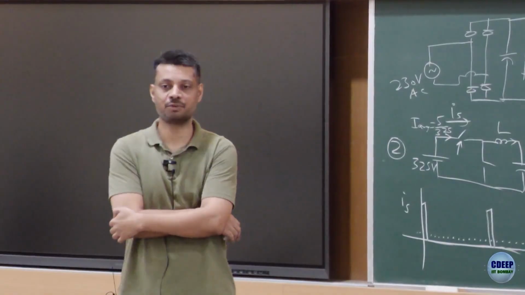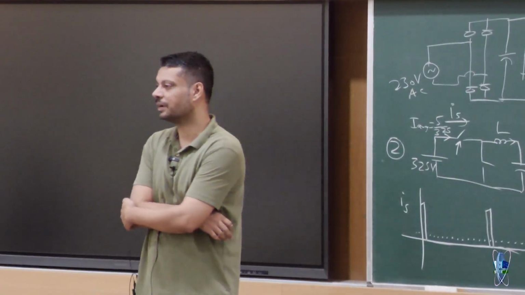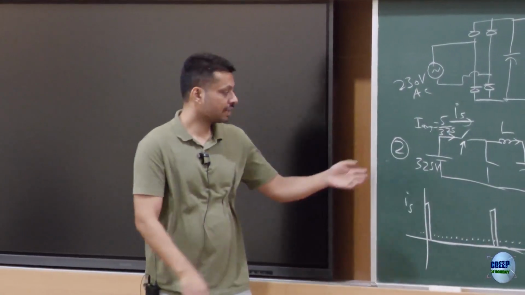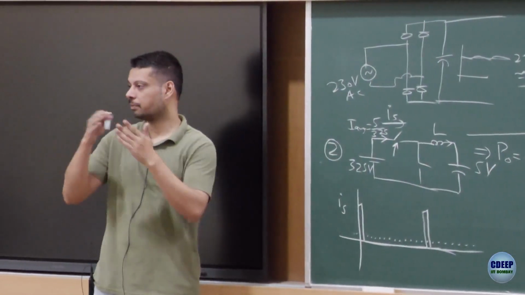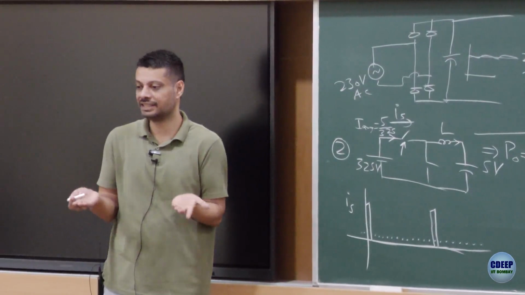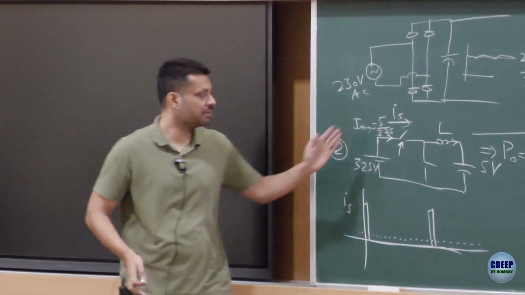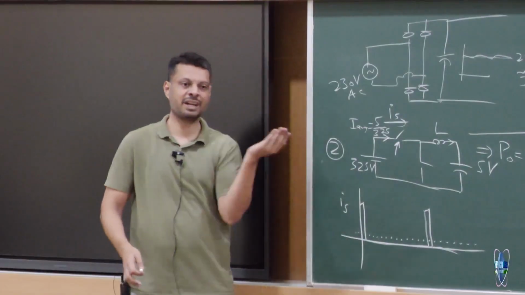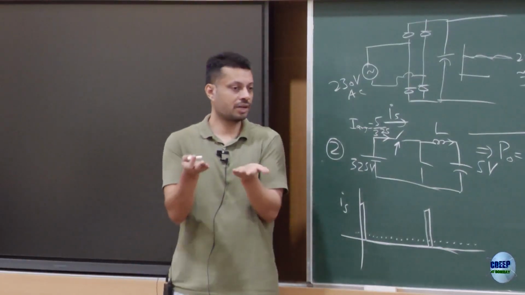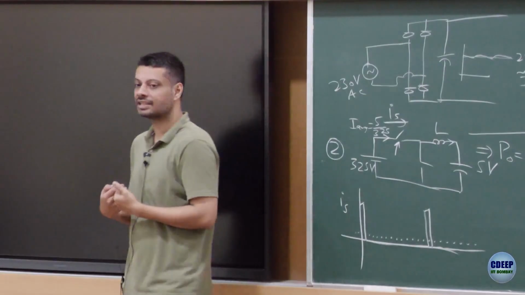So the average would remain the same. The question is why? What is the average input power? Voltage into current into integral dt, 1 upon Ts. That's how you find the average input power. We are saying efficiency is 100%, everything is ideal. If the voltage is constant, you can take it out of the integral. So what remains in the integral is nothing but the average current.